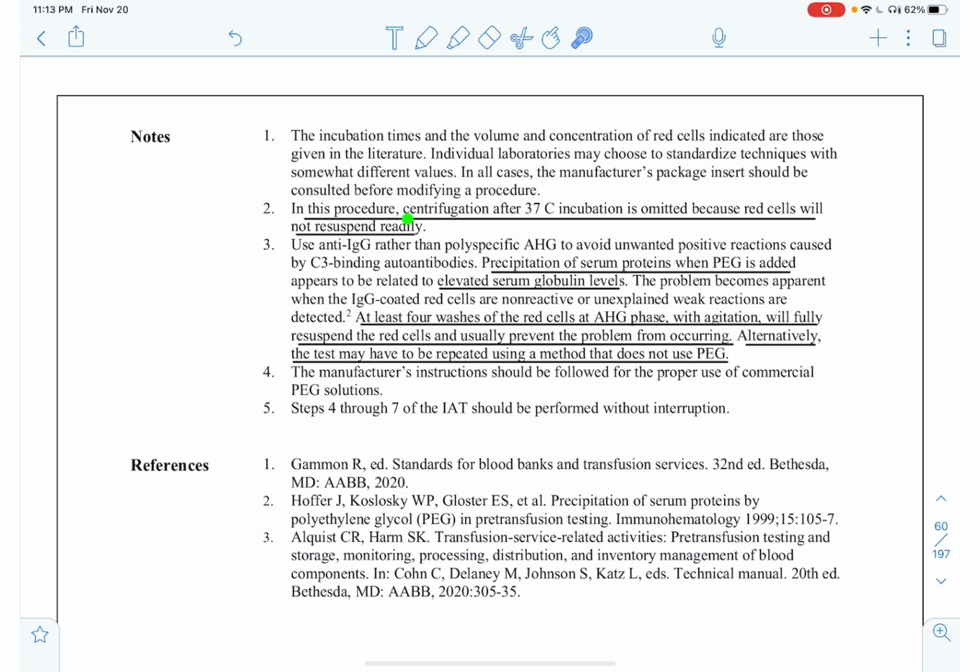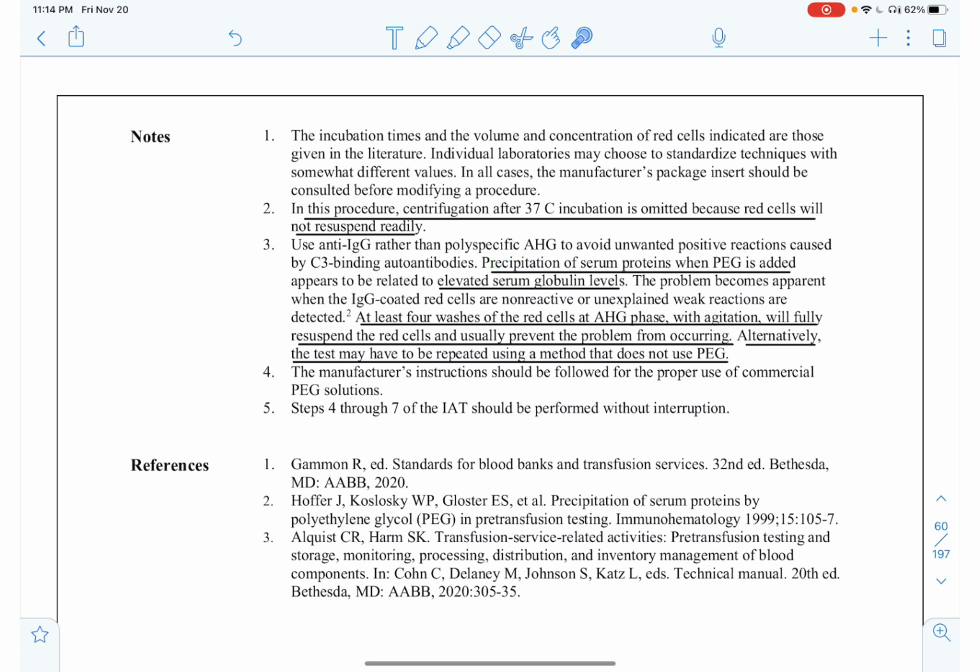In this procedure, centrifugation after 37 is omitted because red cells will not resuspend readily. I don't know if you've ever accidentally spun PEG after incubation. If you have, you know what happens. You'll kind of see almost like clumping, but really, actually, this is where we would call it a precipitate.